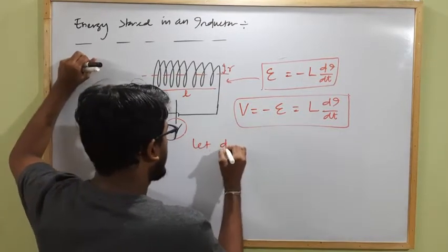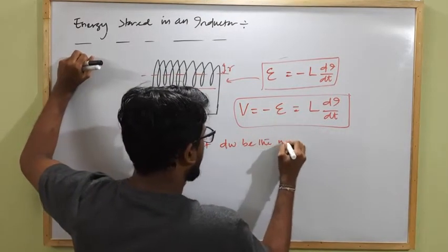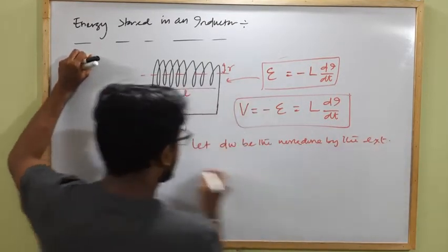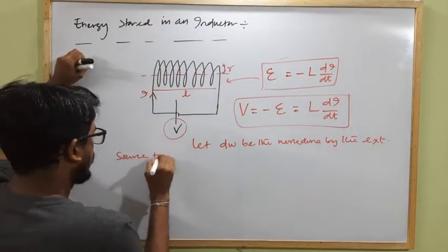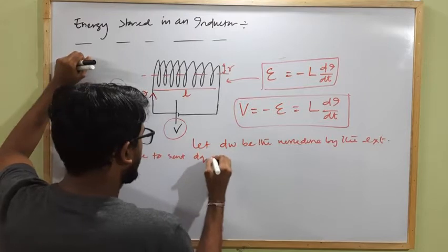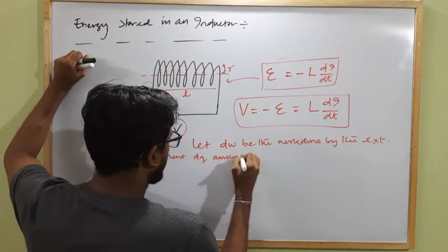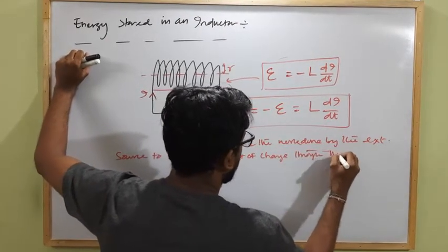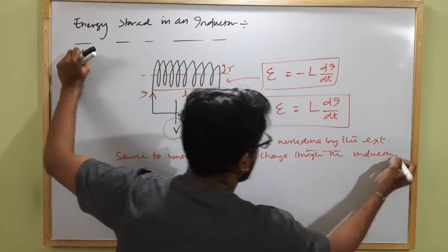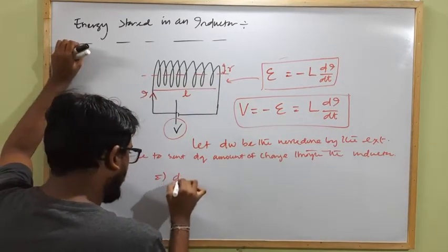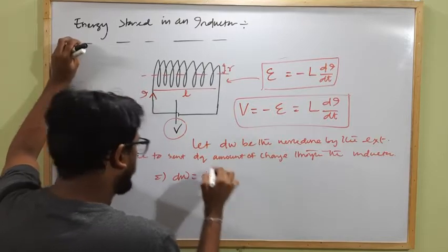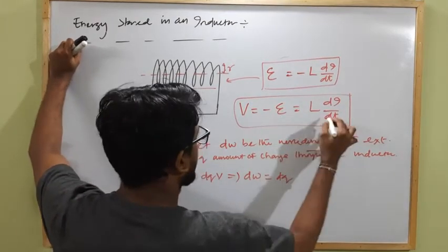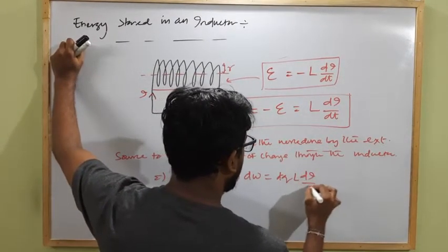Let dW be the work done by the external source to send dq amount of charge through the inductor. Clear? This implies what is the value of dW? dW equal to dq into potential V. So this implies you can write dW equal to dq into, in place of V I can write, L into di by dt.